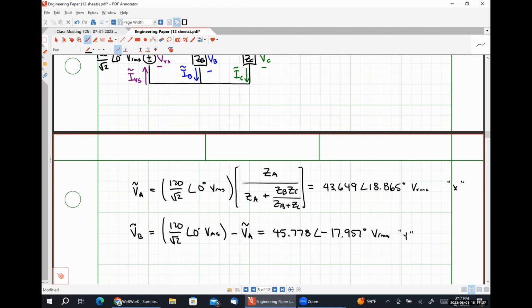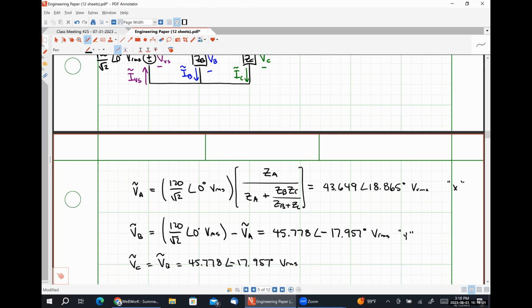And because ZB and ZC are in parallel, VC is just VB. So now that I know all of my voltages, let's find our currents.